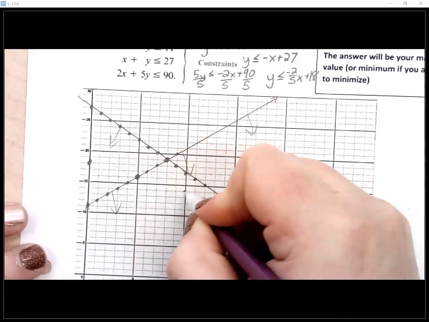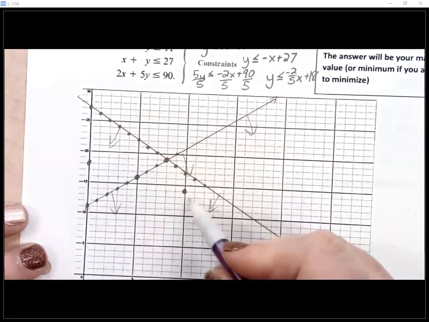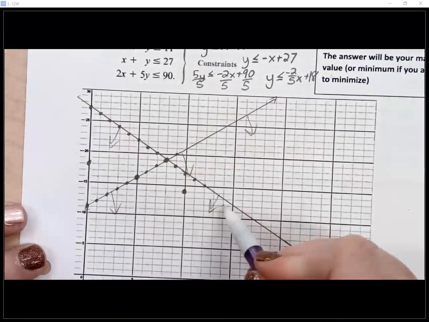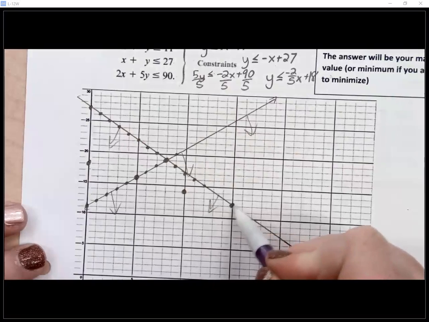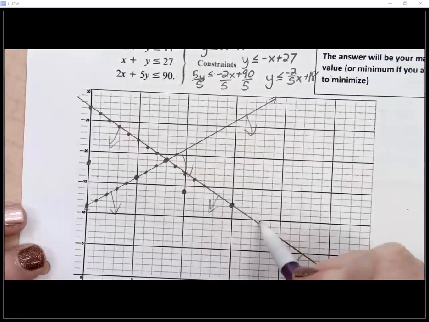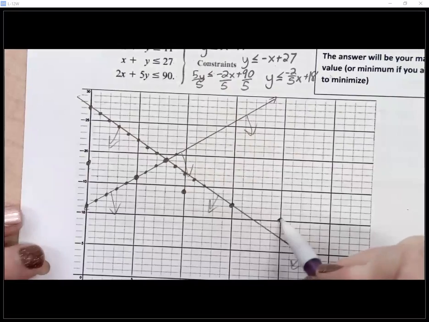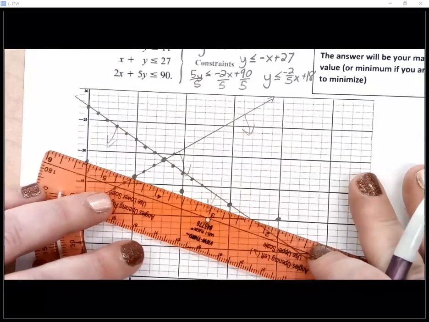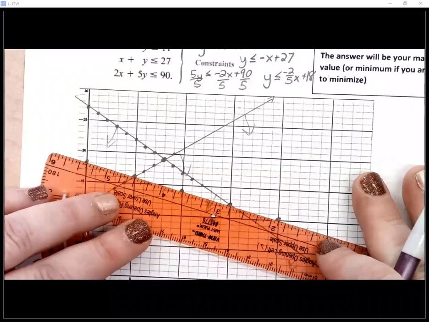I'm going to keep going to see where it hits the other line. And this one's a solid line too, right? Yep.